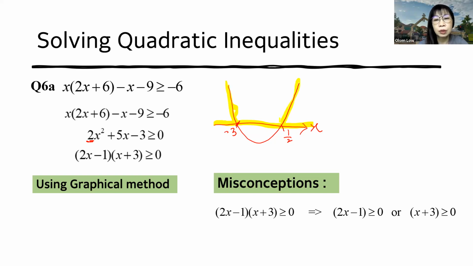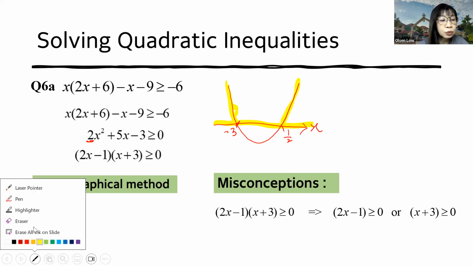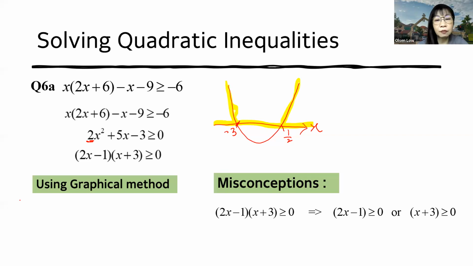So this is positive, positive, which means the value of y is positive. And this region below the x-axis simply refers to the y values being negative.